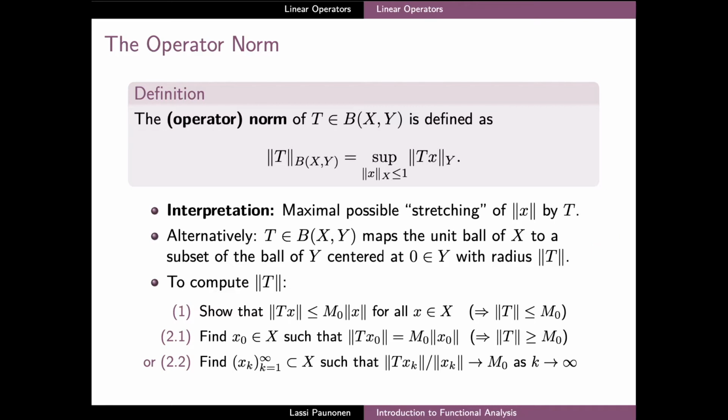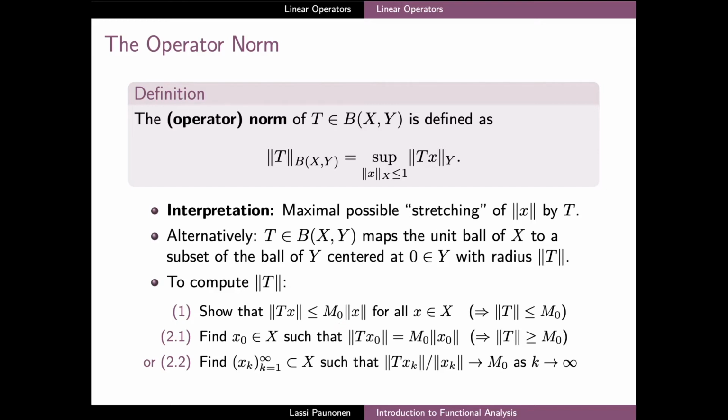Computing the norm of a concrete operator T can sometimes be quite challenging, but in general this still involves only two steps. First, we take an arbitrary element x from the space X, and we estimate the norm of Tx upwards with a constant m0 times the norm of x.